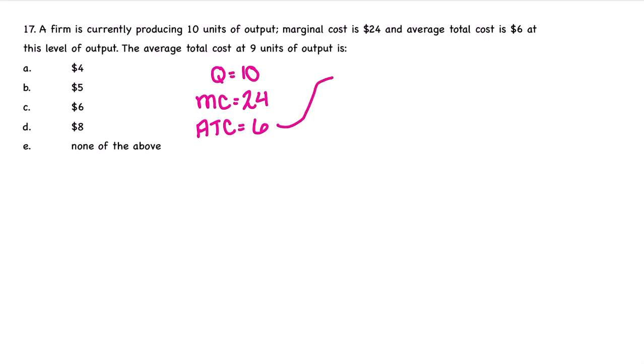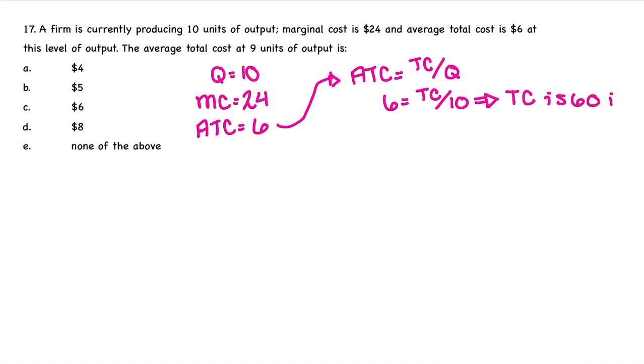Then we know that average total cost is equal to total cost divided by quantity. So 6 equals total cost divided by 10, which means our total cost is 60 if Q equals 10.